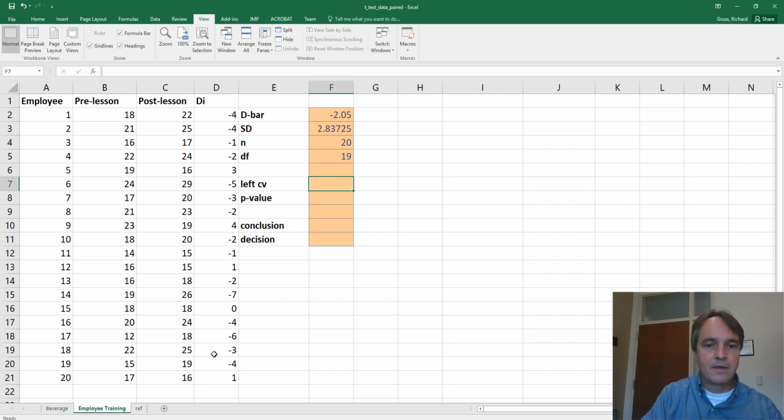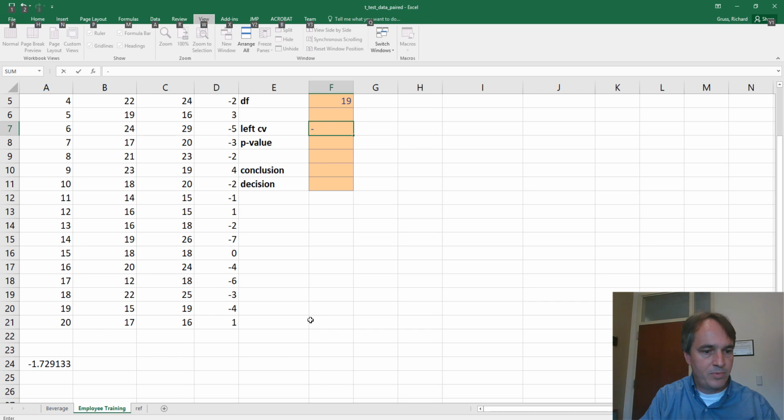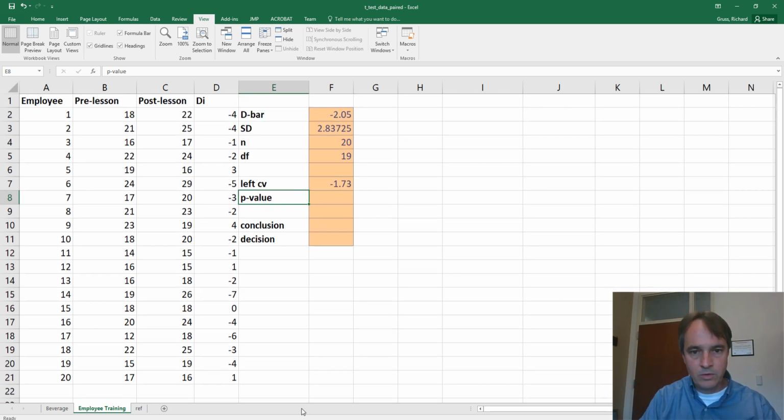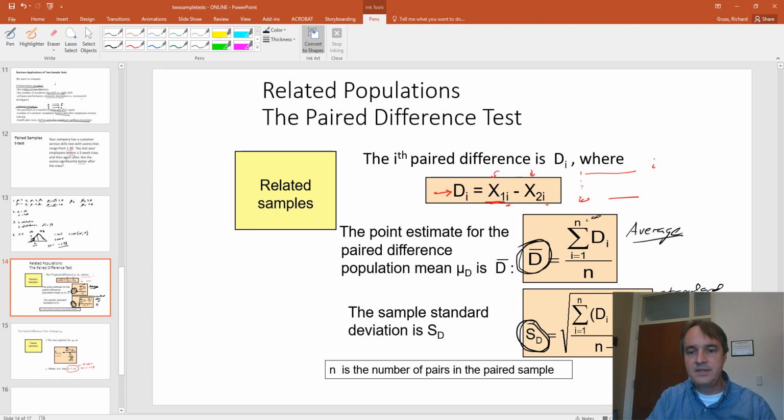So our left critical value was negative 1.73. We won't do the p-value, let's just ignore that. So then we've got d bar and we've got s sub d.